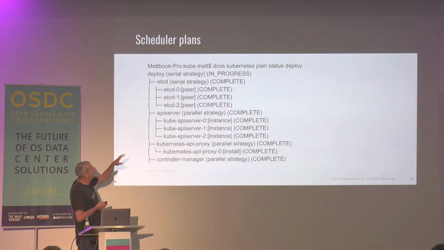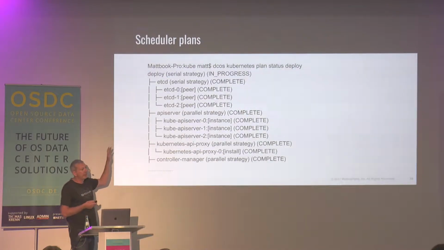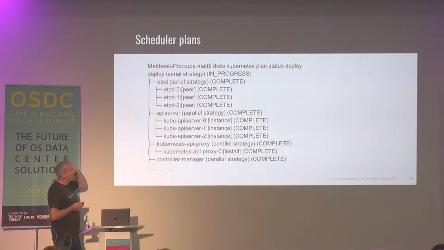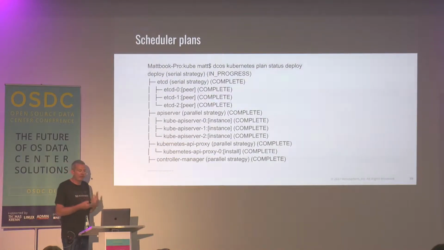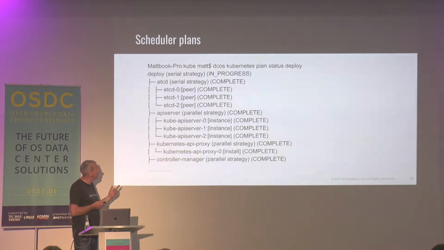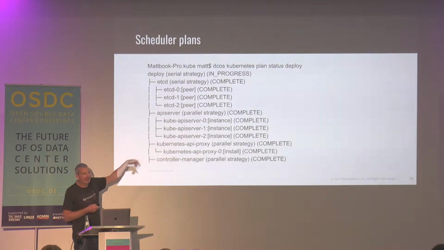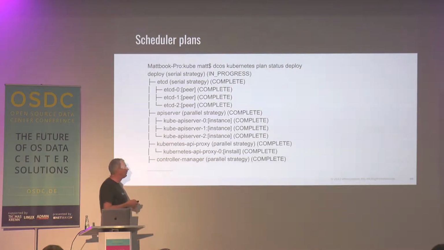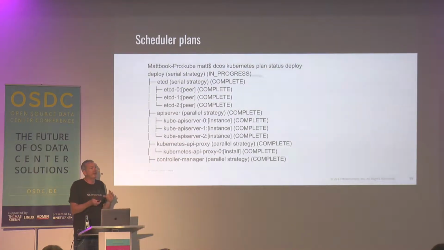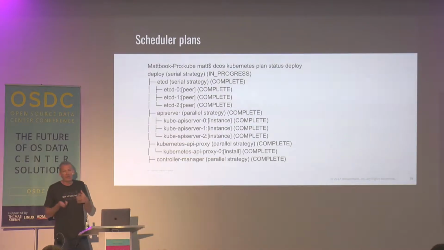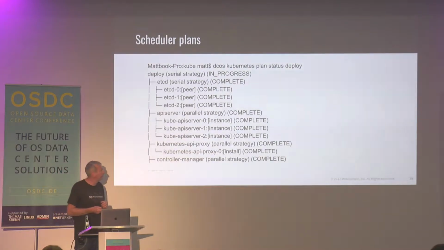So when we deploy a Kubernetes cluster, it knows that it needs to bring up an etcd cluster to start with. It can only do the etcd part serially because the etcd cluster needs to actually talk to each other. But then we can also see that it knows that certain elements of this plan it can do in parallel. So it's encoding all of these things, this operational knowledge of how you might do particular tasks.